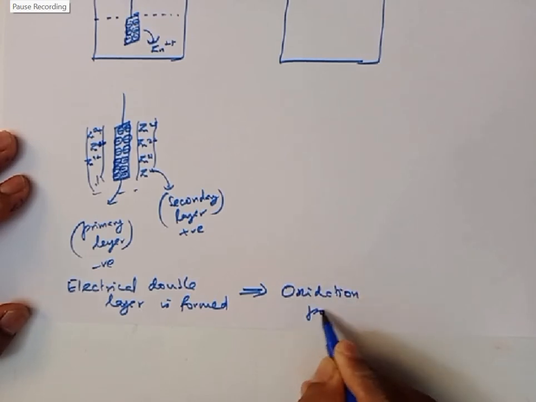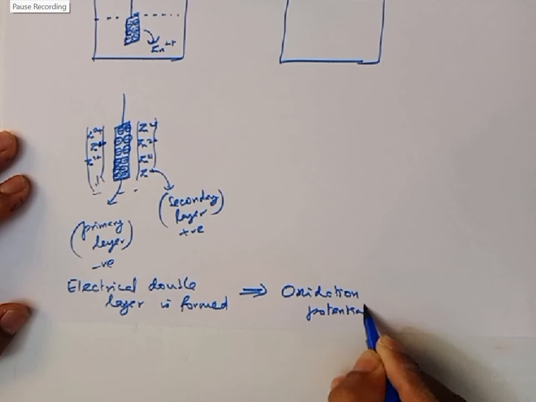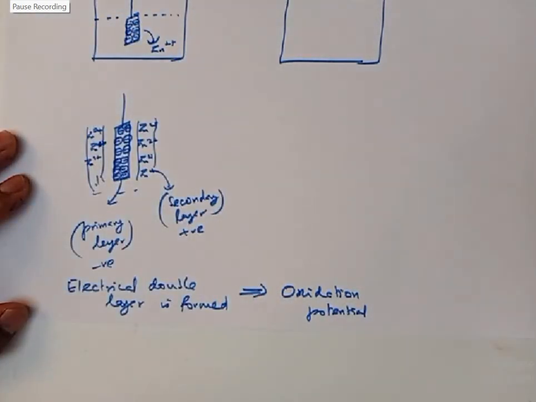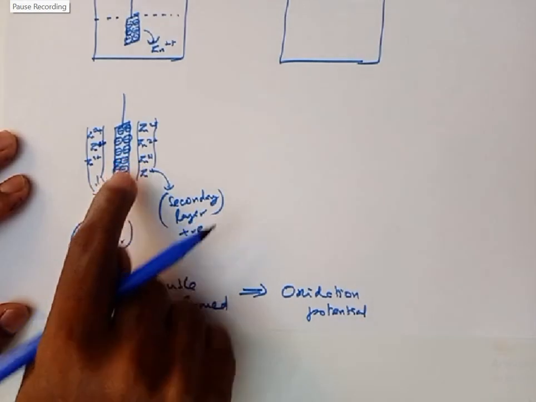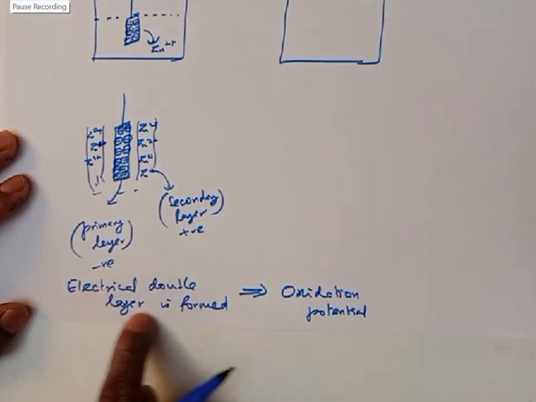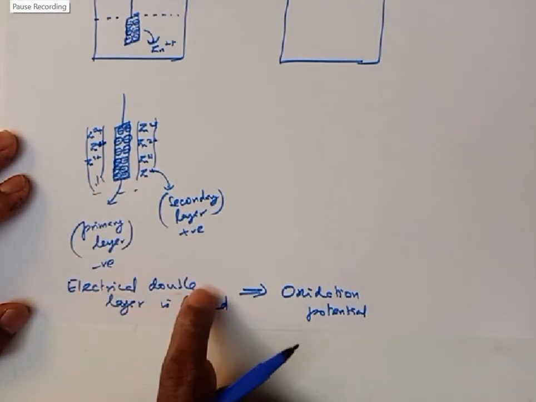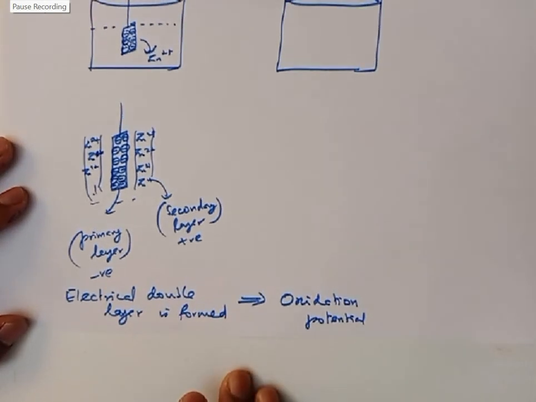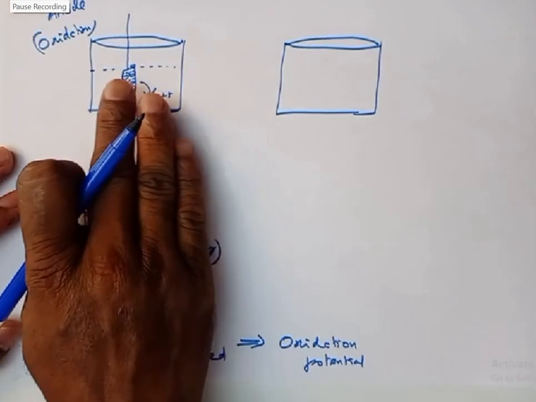Why is it called oxidation potential? Because this electrical double layer is formed due to oxidation. Therefore the potential developed due to this double layer is called oxidation potential.